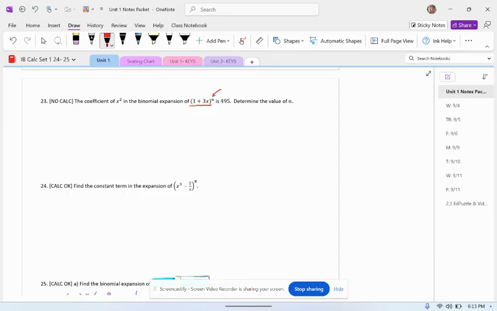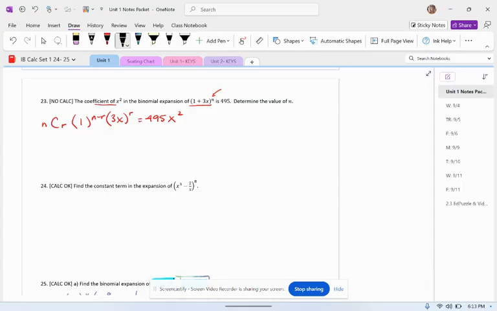I am honing in on one specific term, right? The coefficient of x squared. So that means I'm going to begin with the formula. Okay, and we know the coefficient of x squared is 495. So what are all the things that contribute to x?